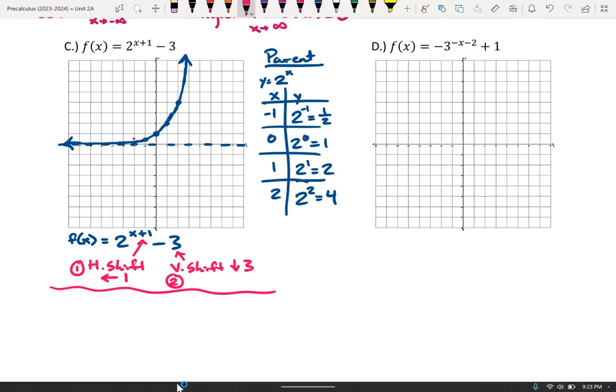I'll just go ahead and do them separate. So over 1, so left 1, left 1, left 1, and left 1. So that would be my first transformation, which I'll have as dotted here. And then I take each of these points and I'm going to move them down 3 spaces. So down 1, 2, and 3. But again, we also have our vertical shift that moves down 3 spaces as well.